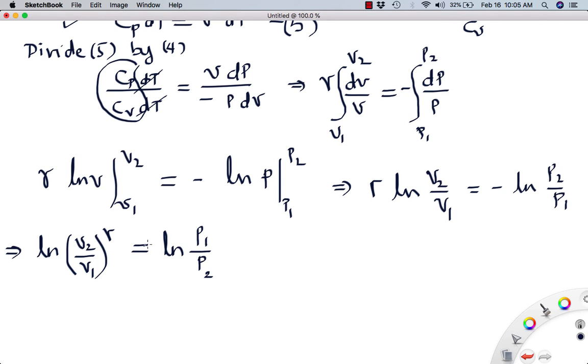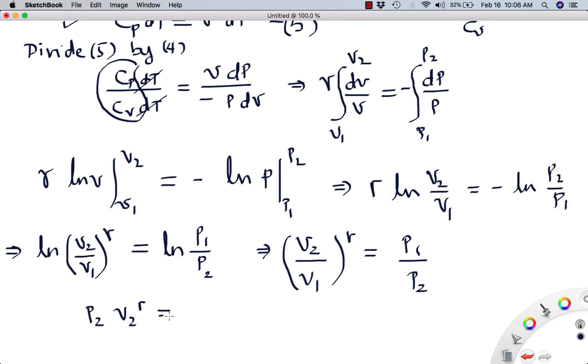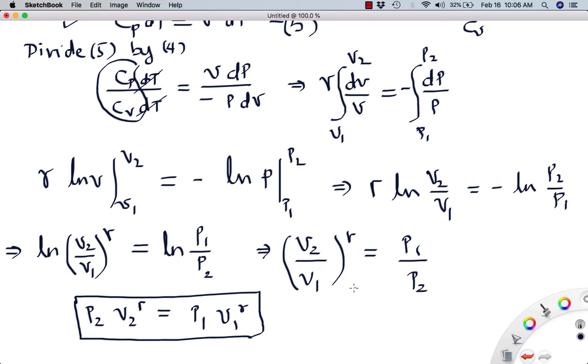So you can remove log on both sides. So that'll give us V2 over V1 to the power gamma is equal to P1 over P2. Okay, so we can do the cross multiplication. P2 V2 gamma is equal to P1 V1 gamma. Okay, so this is the equation of state for adiabatic process. If you remember, we got a similar equation for isothermal process.